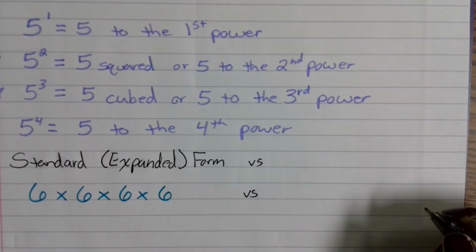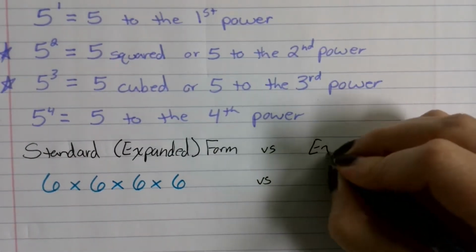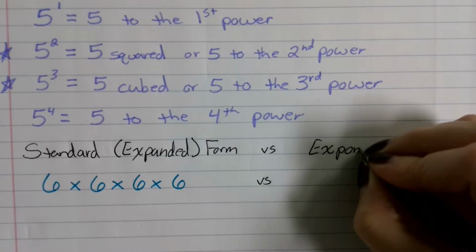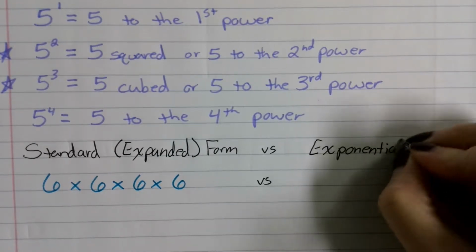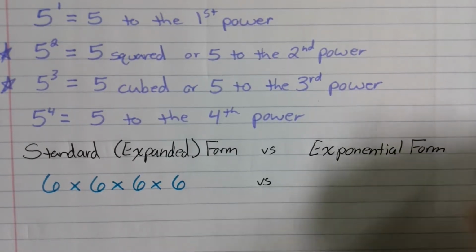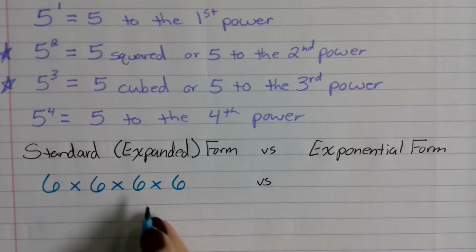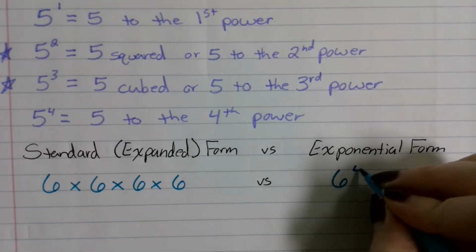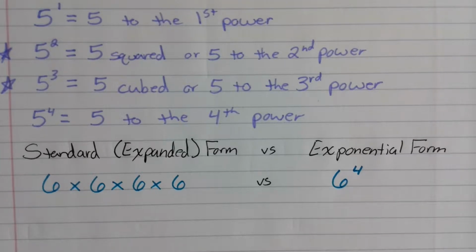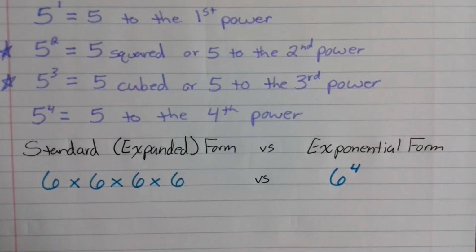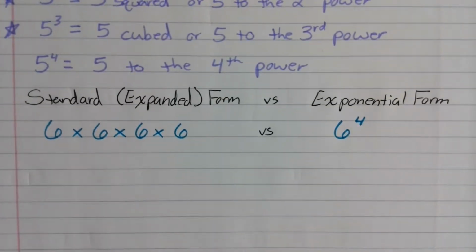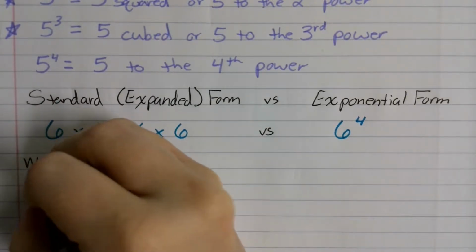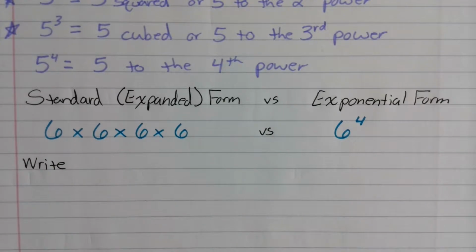If I say exponential form, that means I'm writing it as a power, a base and an exponent. So instead of 6 times 6 times 6 times 6, it would be 6 to the fourth power, because the 6 is repeated 4 times. So I want you to go ahead and write the following in exponential form.